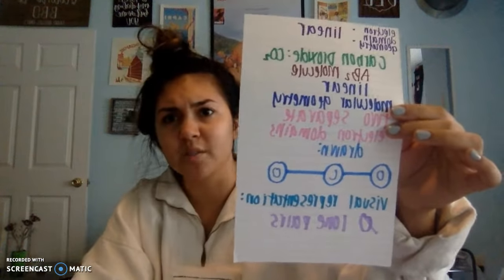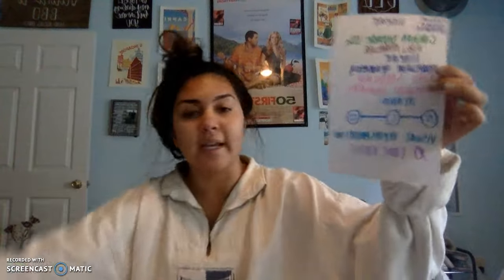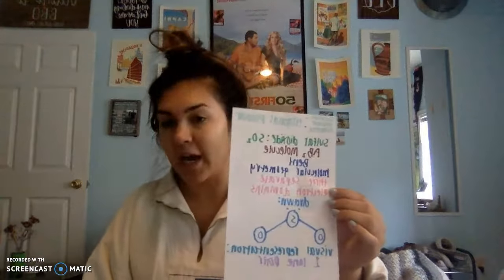It can be drawn like this. I'm pretty sure this is backwards. And then also the visual representation, which can be shown with 2 balloons, and it has 0 lone pairs.